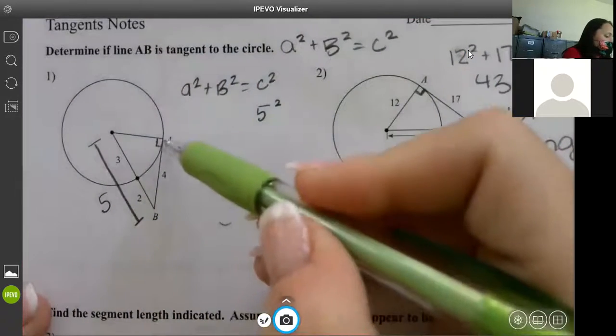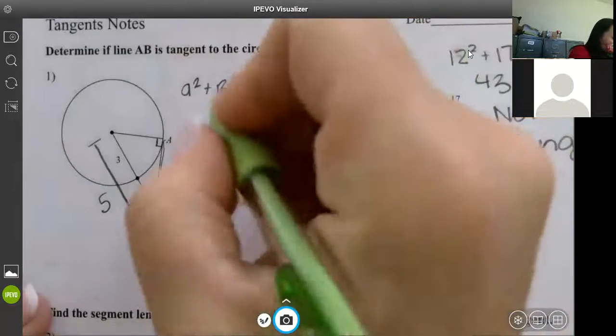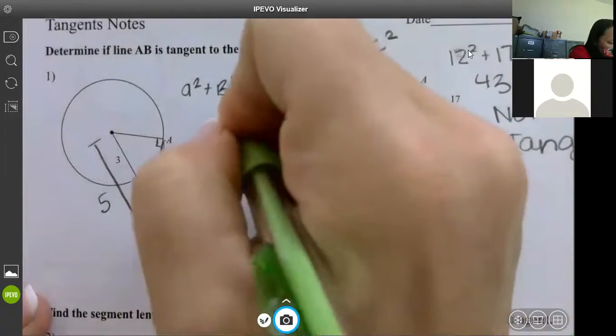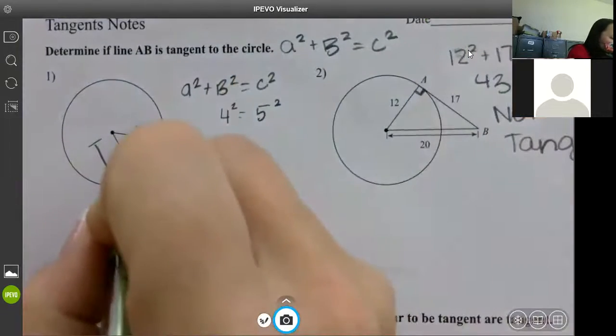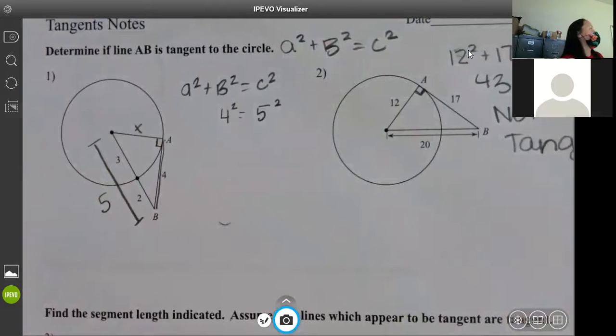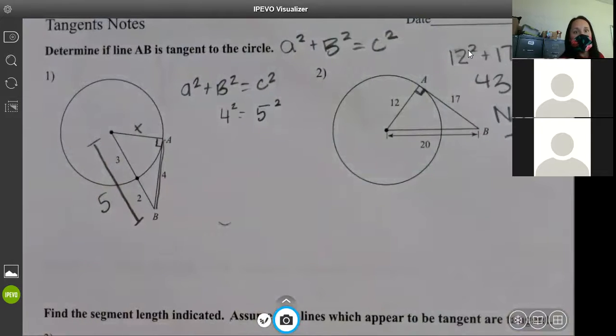I have one of my other sides to be 4, so I can put it in there. But how do I figure out how long this one is? Think about what you already know. Try. What is x? I can look at this picture and tell you what x is. There is no solving, no work. I want to know how long x is right now. Is it 3? Why?